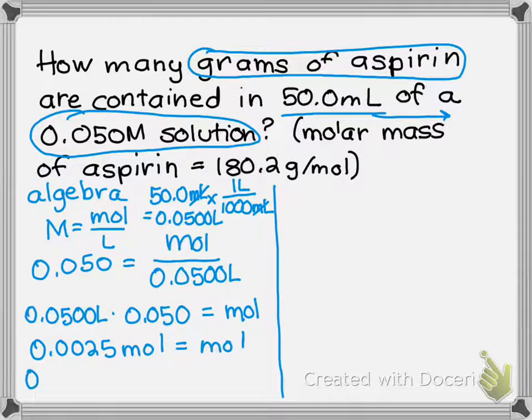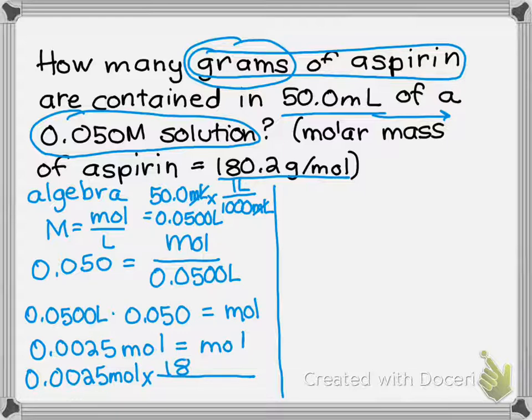Now they want grams. So to go from moles to grams, I have to use the molar mass, which was given. Remember to calculate the molar mass, you add up, we'd have to have the formula. They don't give us the formula for aspirin. So I take this and say 0.0025 times 180.2, and I get 0.45, how many significant figures? 2. 0.45 grams.